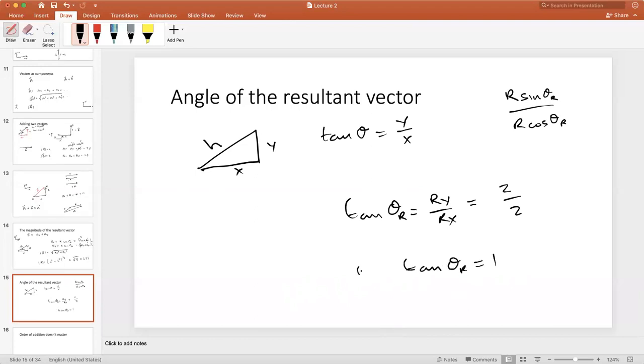And if I take the arctan of both sides, what angle has a tangent equal to 1? Turns out that there's only one. I don't know where my calculator is for some odd reason. Let me grab my calculator.